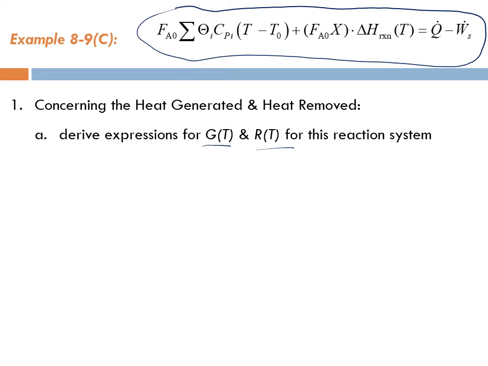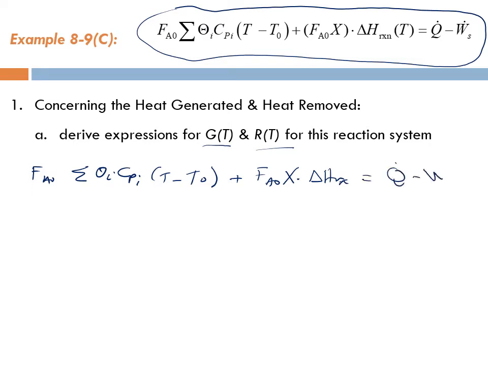So we have here F_A0 times the summation of theta_i C_Pi times (T minus T_0), plus F_A0 times X times delta H reaction, equals Q dot minus shaft work.